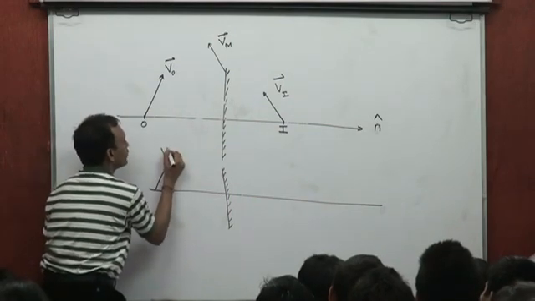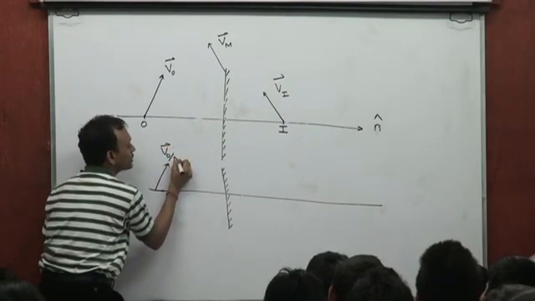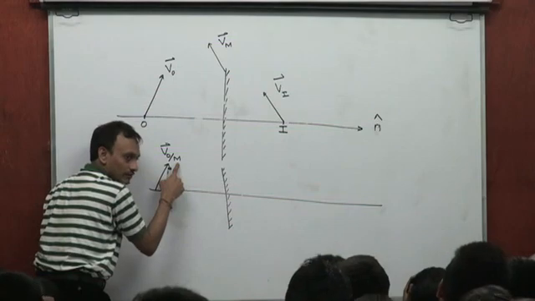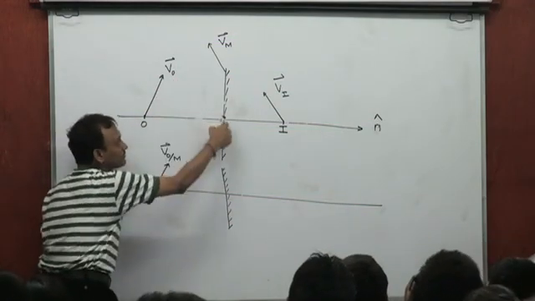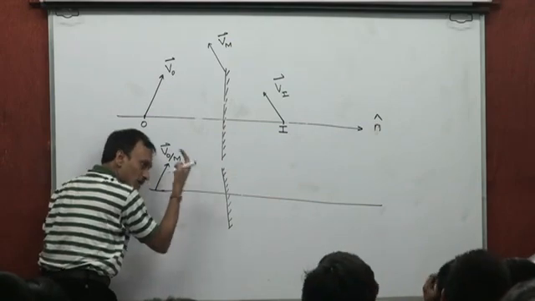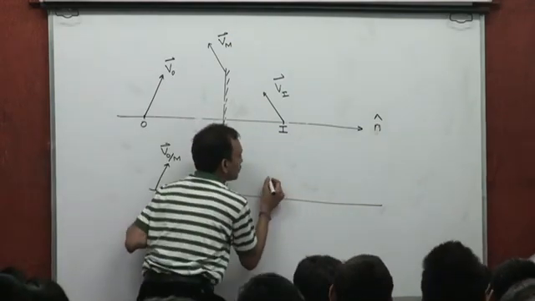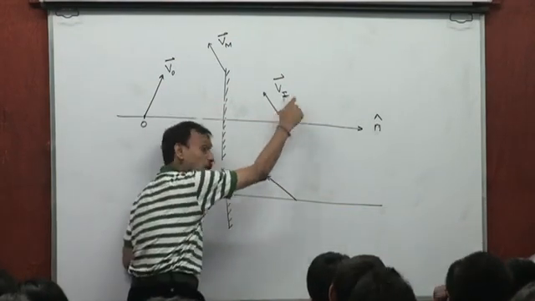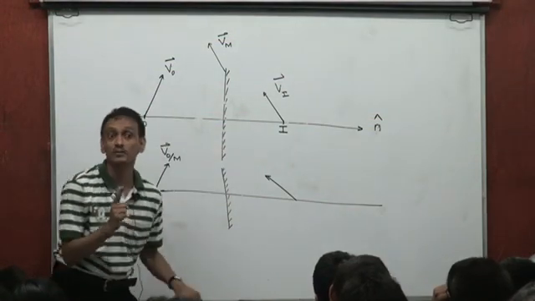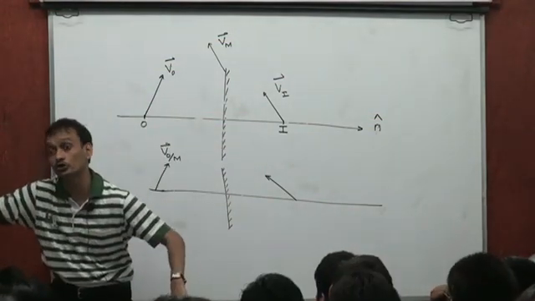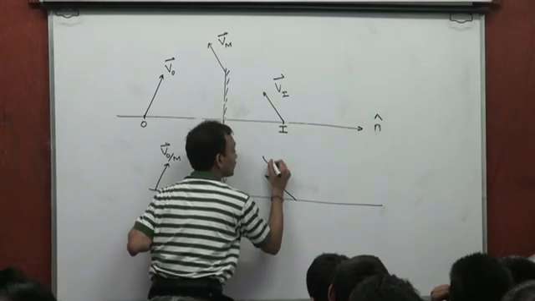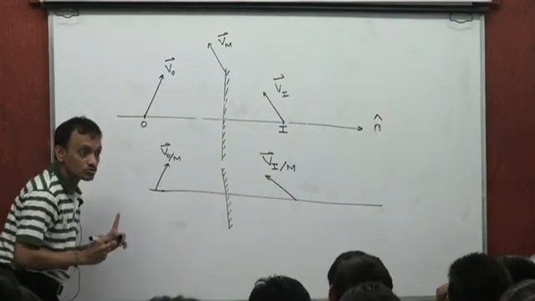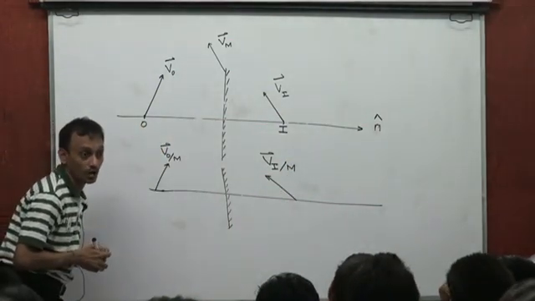The mirror would see the velocity of the object with respect to the mirror, not v naught. For the image, the mirror would see not vi, which is the absolute velocity of the image, but the velocity of the image with respect to the mirror. This is what the mirror would see of the object and the image.